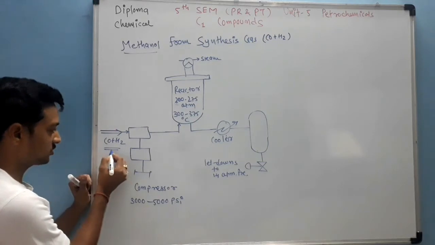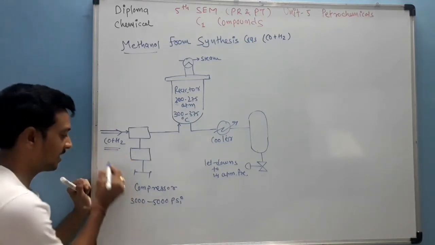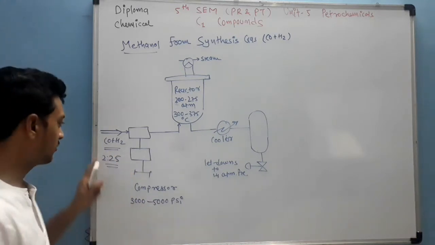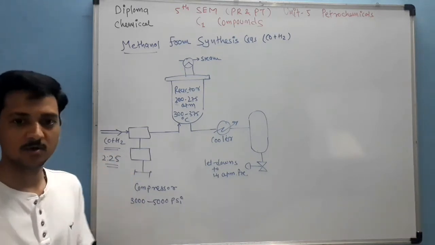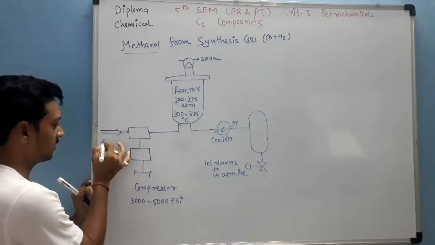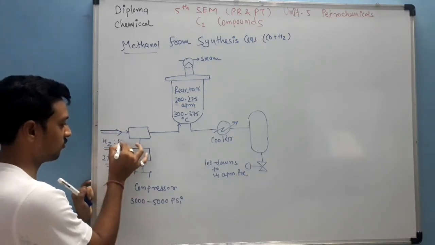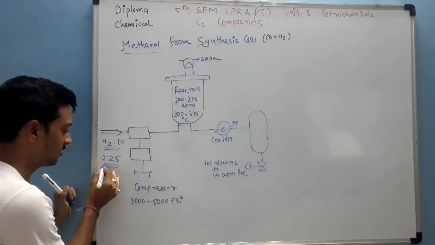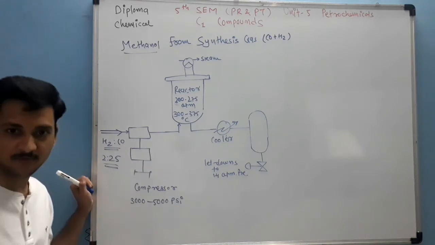Okay, the ratio of H2 to CO is maintained at 2.25. The raw material is synthesis gas, but this ratio is maintained due to the conversion factor.